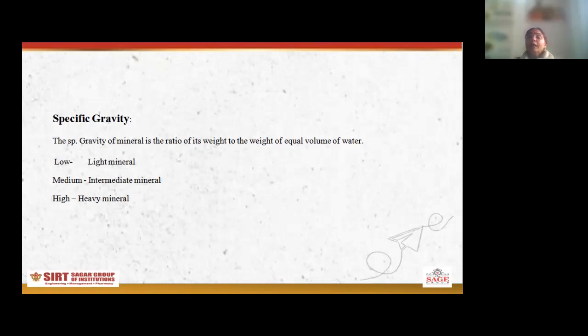It depends upon the intermolecular space and the toughness of the mineral. When it is very heavy, its intermolecular space is not available and it is very hard and compact. If the mineral has high hardness, it will always have high specific gravity as well. So it is categorized into 3 parts: low, medium and high.